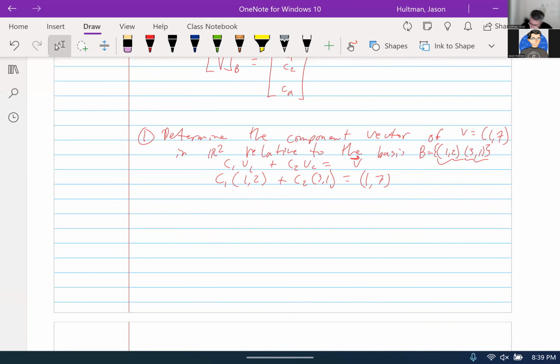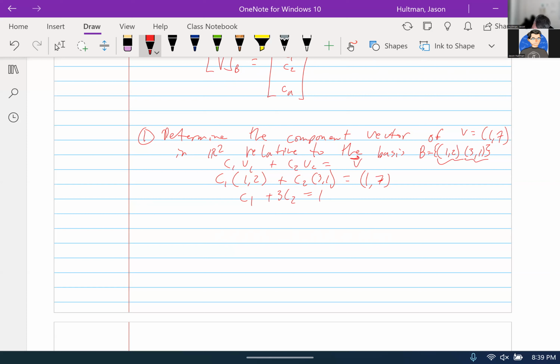Now I'm going to set up a system of equations to solve for C1 and C2. So what times vector 1 plus what times vector 2 gives me the resultant vector V that I want. So I would say C1 plus 3C2 equals 1.